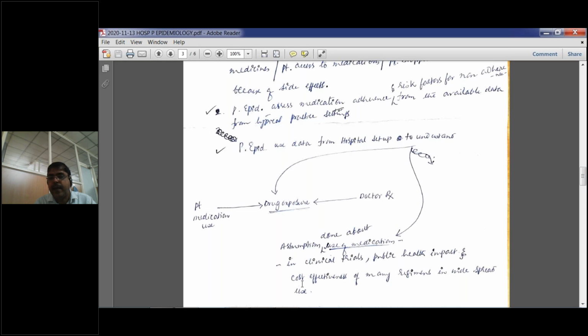So exactly the use of medication with respect to whether it is for clinical trials, for public health, or for therapy purpose. Clinical trials, where the number and type of drugs will be very limited, number 1.